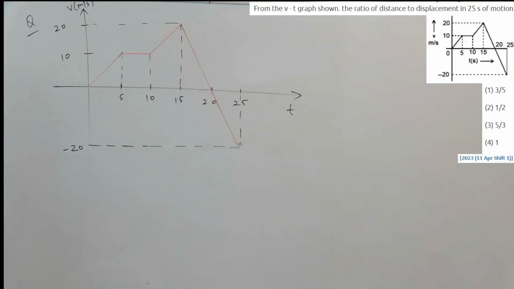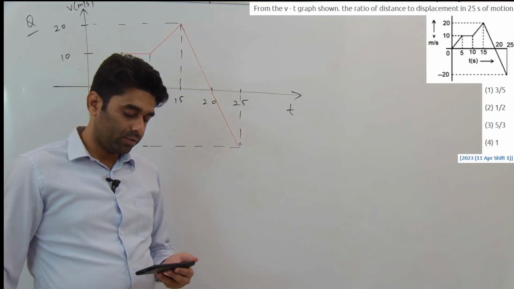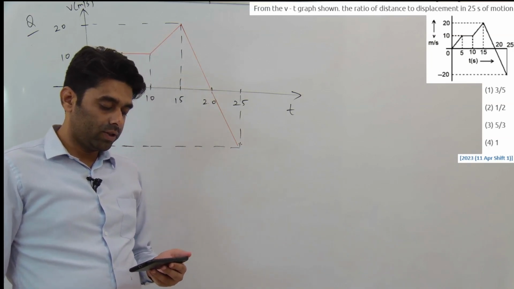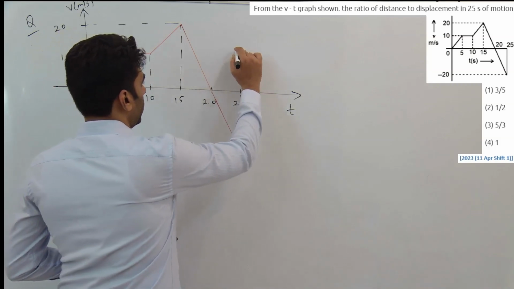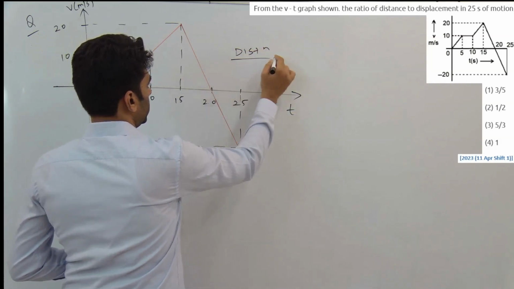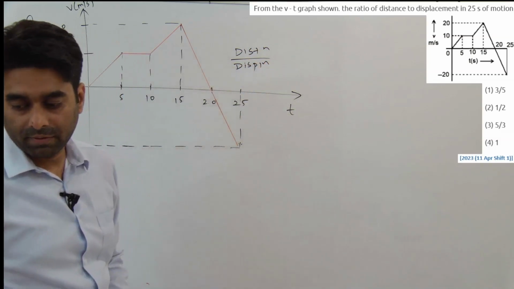Okay, beta. The next question given to us is: from the v-t graph shown, the ratio of distance to displacement in 25 seconds of motion. Now a velocity time graph is given to us.